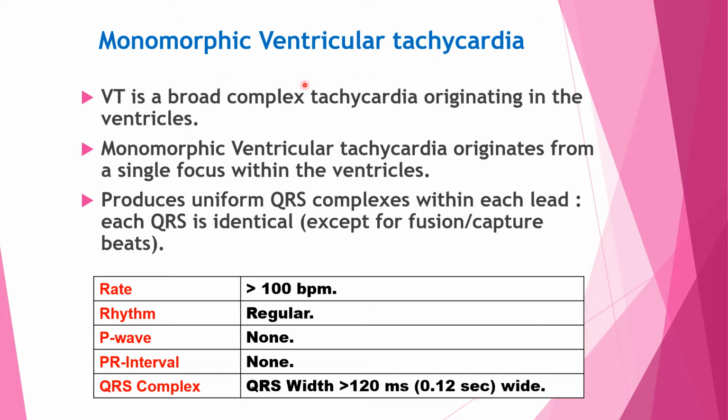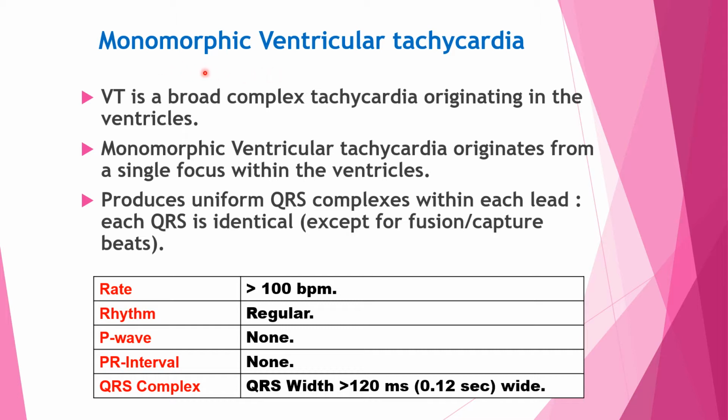If there is a pulse, then we will go to the tachycardia algorithm. But if there is no pulse, that means the patient has cardiac arrest and needs CPR, high quality CPR, and needs a DC shock because this is a shockable rhythm.